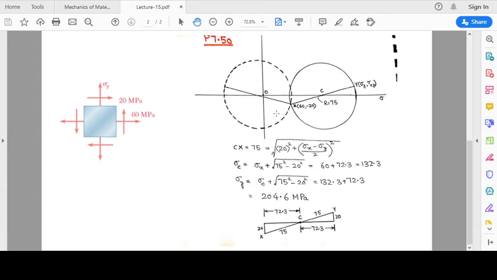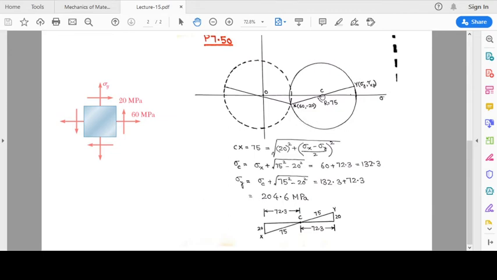Since we have to find the largest value of sigma y for which the maximum shear stress is not going to exceed 75 megapascals, we will consider the circle for which sigma y is larger. For the dotted circle, sigma y is smaller.